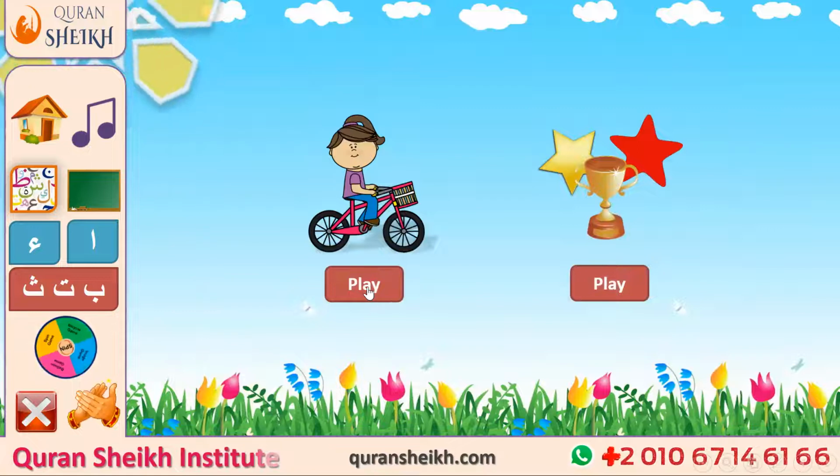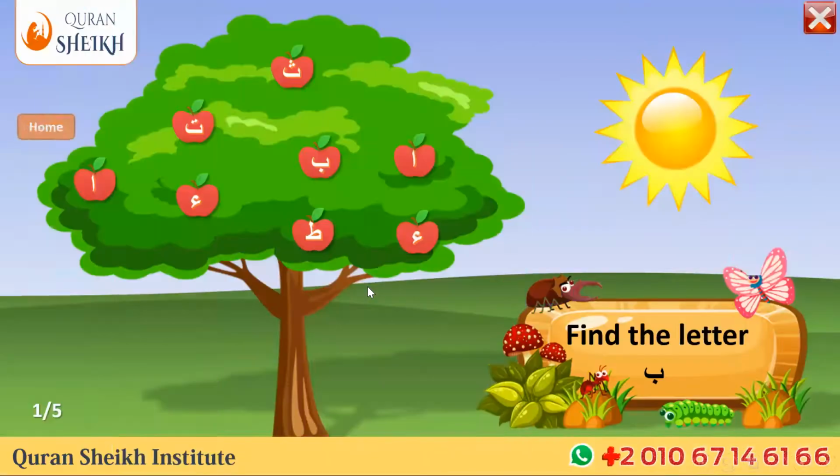Now, the first game is a bicycle. Try to find the letter Ba. This is Ba. One dot in the bottom. Remember, if this one is Ba. No, I said one dot in the bottom.